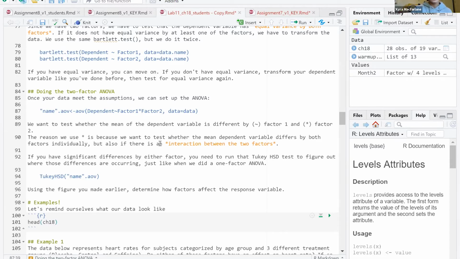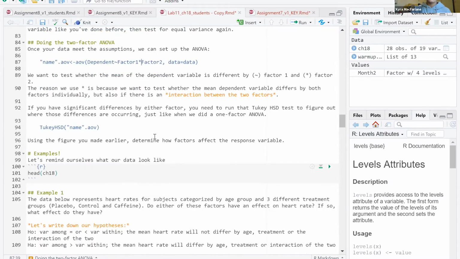You could technically use a plus sign, but if you use a plus sign, it doesn't test for the interaction. So make sure you use this asterisk. If you have significance by either factor or the interaction, you have to use the Tukey test.